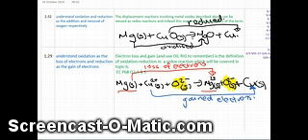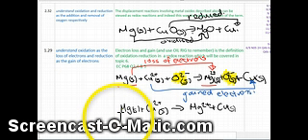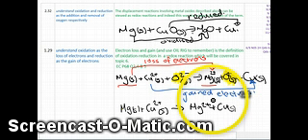That spectator ion was unchanged in the reaction itself. It ended up with a different partner, but it was unchanged. We only write down in the ionic equation the ions that are involved. So there you can see the ionic equation: magnesium plus Cu2+ to give you Mg2+ plus copper.